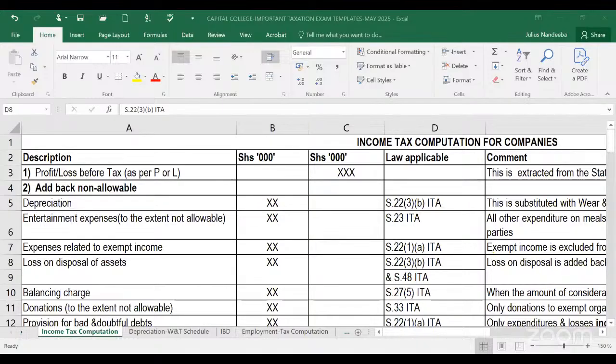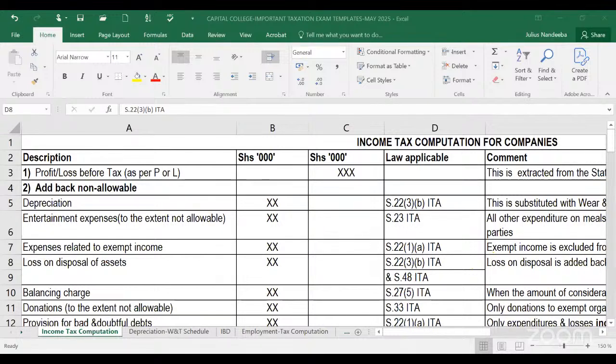So before you sit the exam, list the items called income so that in case you see them, you understand why you are subtracting them in the computation or not.